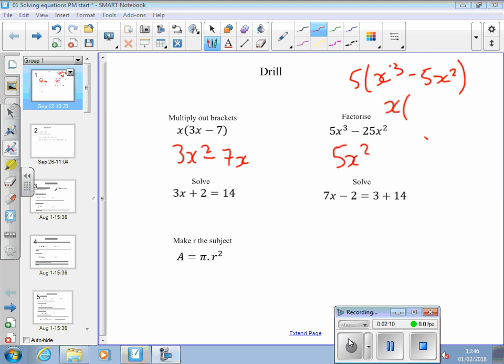5x squared brackets minus 5. Yes, that is the absolute simplest form. You've taken out as much as you can. But as I tried to say to you this morning, we're doing this in isolation at the moment.